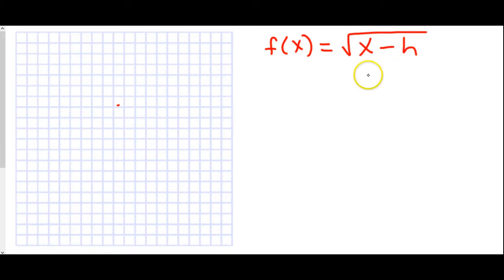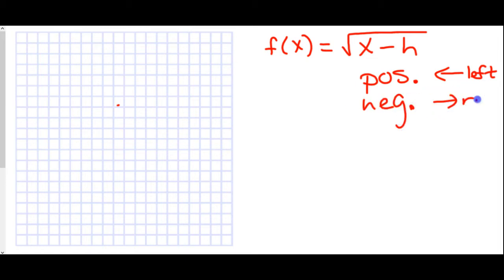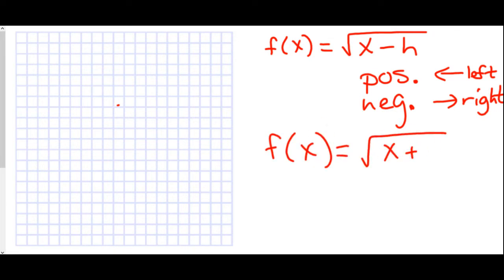If you have a positive number underneath your square root, it actually means move left. If it's negative, that will mean go to the right. So if I had f of x equals square root of x plus 3, that would actually be telling us, since we have a positive 3, to go left 3 units.